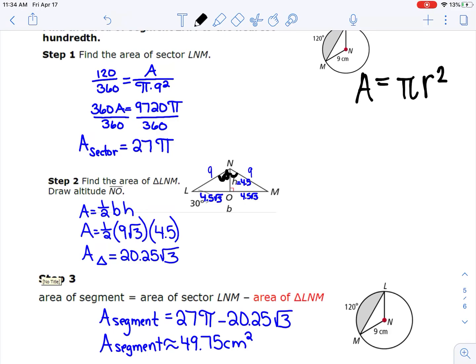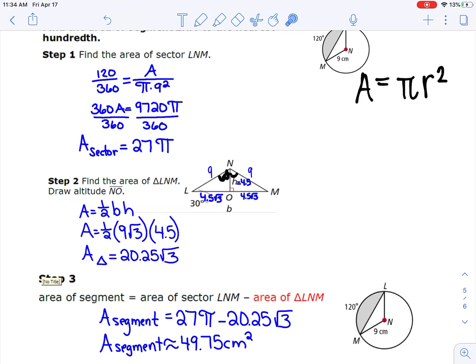So since we know that that angle would be 60 degrees and we have a right triangle, that makes our third angle 30 degrees if we subtract both of those from 180. So we do have a 30, 60, 90 triangle in this case. So we can use the formulas that we know for 30, 60, 90 triangles.